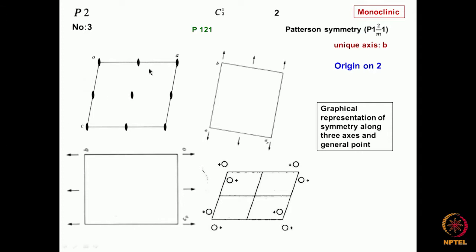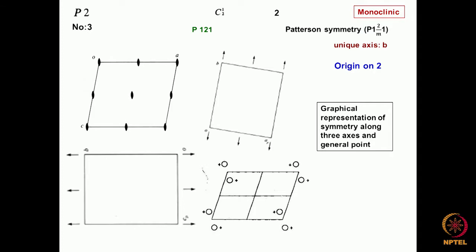That is, from here to here, if we move within this cell, anywhere it is going to be a one-fold rotation. That is, I move from here to here in some direction. At some particular point, I find that I cross a symmetry point. Okay. So this is what is called an asymmetric unit. I will come to it later and explain. Okay. This is how graphically the positions are represented.